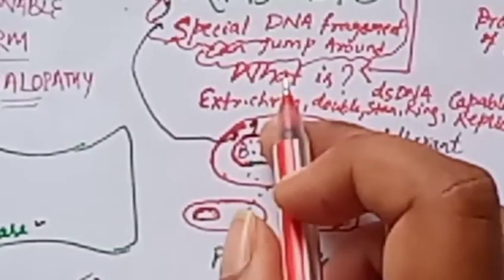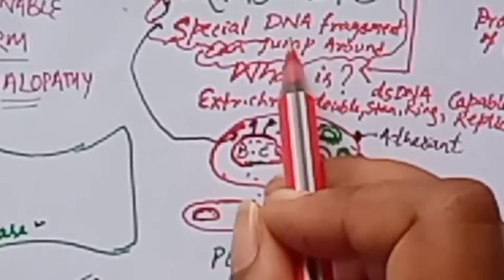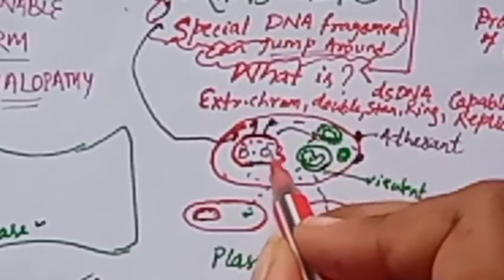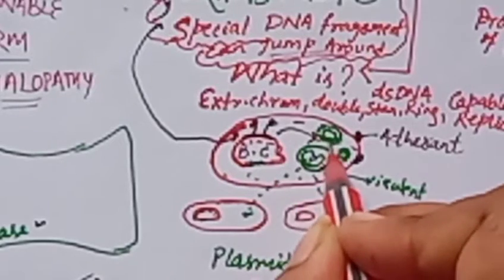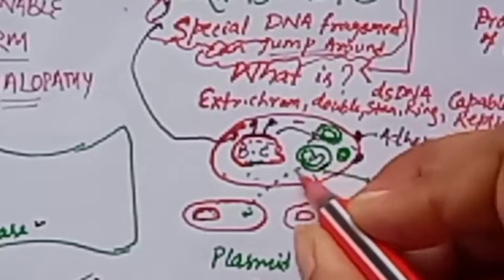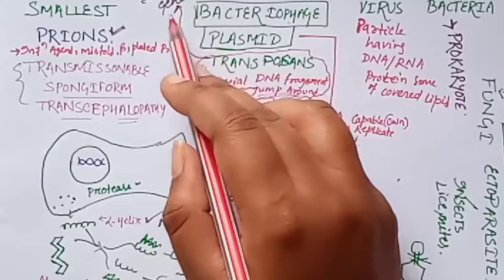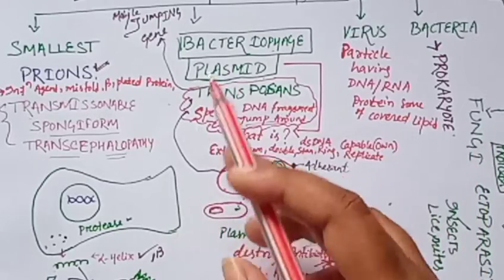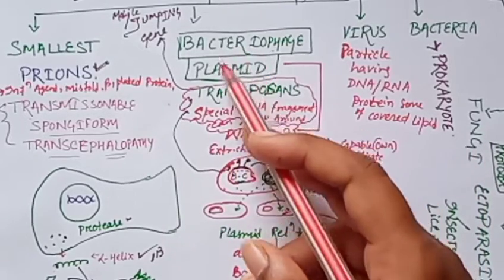A transposon is a DNA fragment which can jump. It can jump towards the bacterial chromosome or any plasmid, enter the plasmid and be coded with the plasmid. In that way they are known as mobile jumping genes. So we have discussed a brief introduction of these terms.